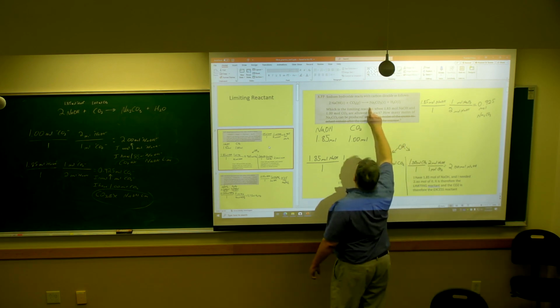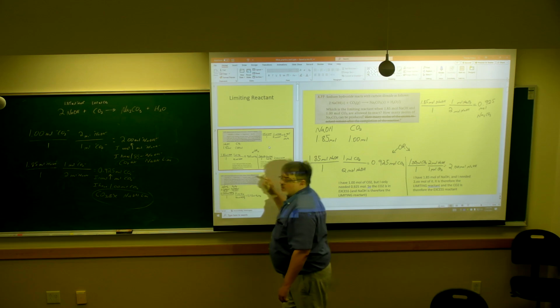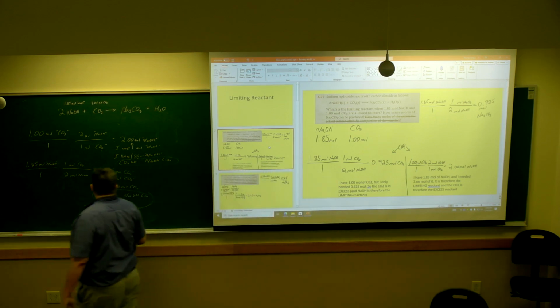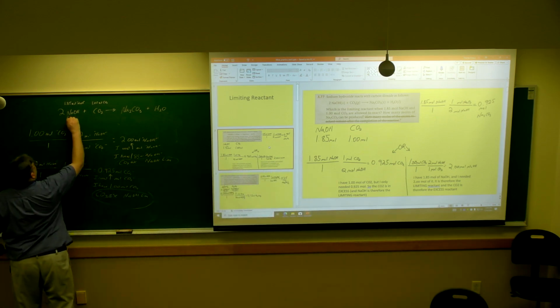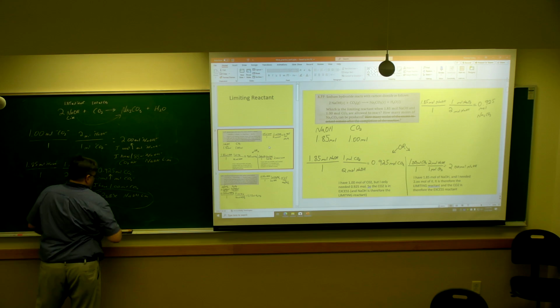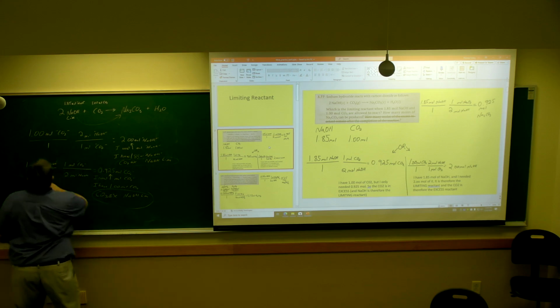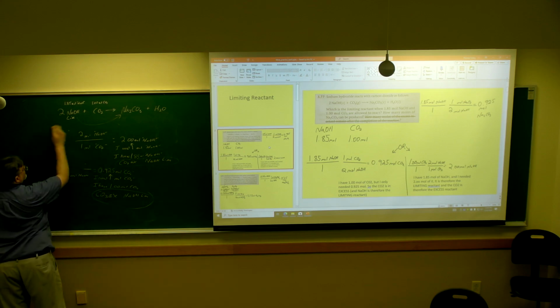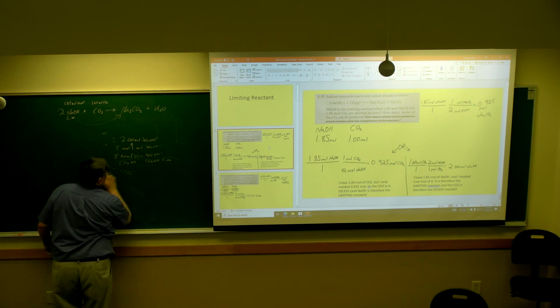If I'm going to predict the Na2CO3, I have to use the limiting one to predict it. We've decided this one's limiting, so that's going to predict the product. So now I can erase all this and solve for the product.